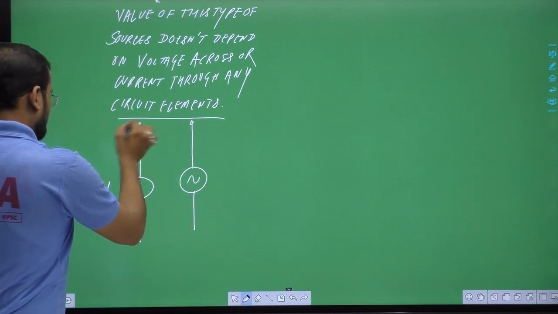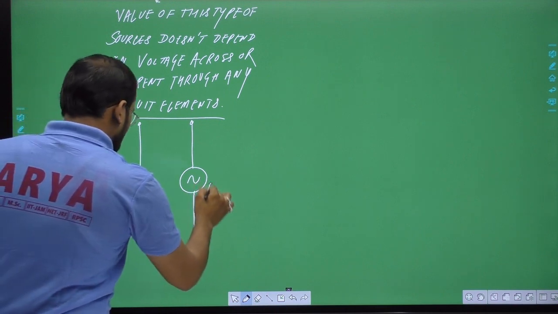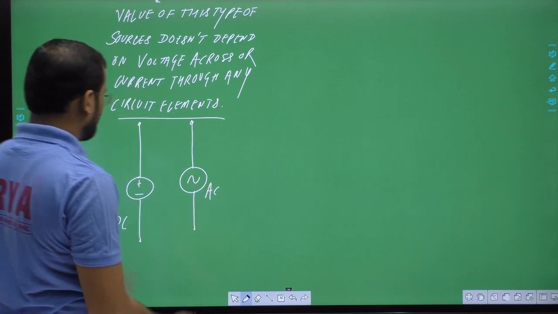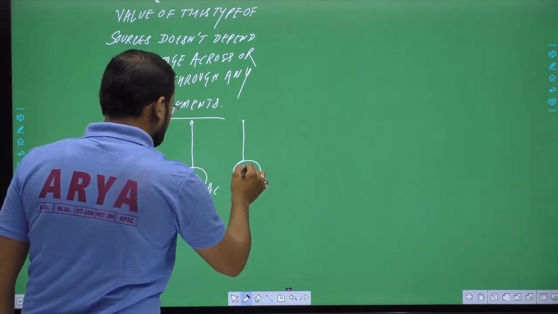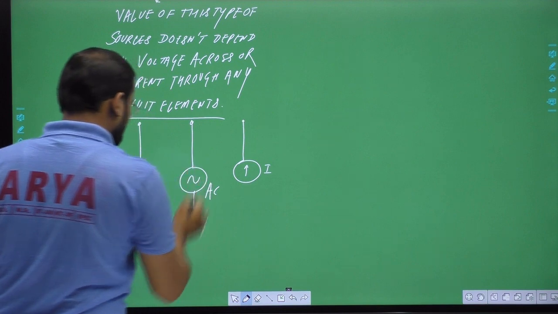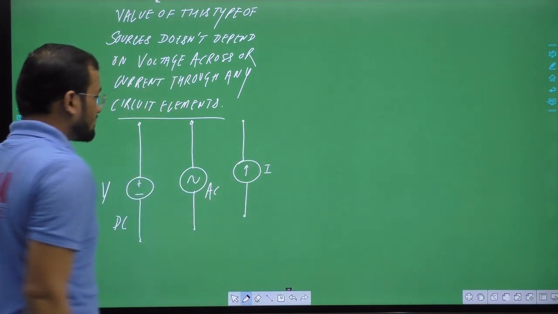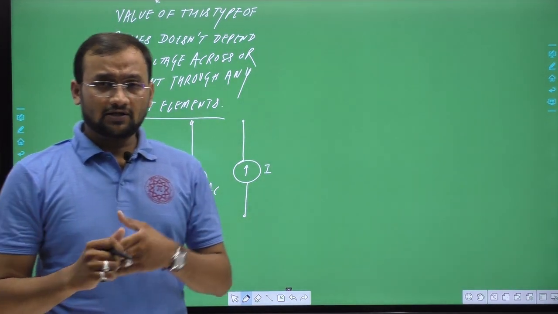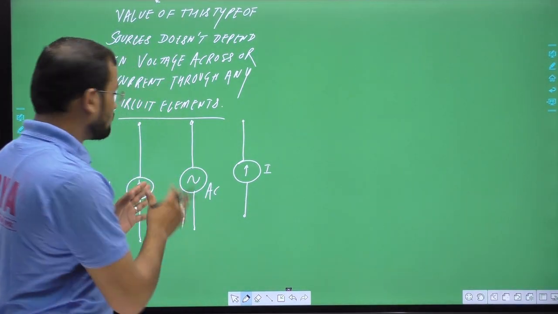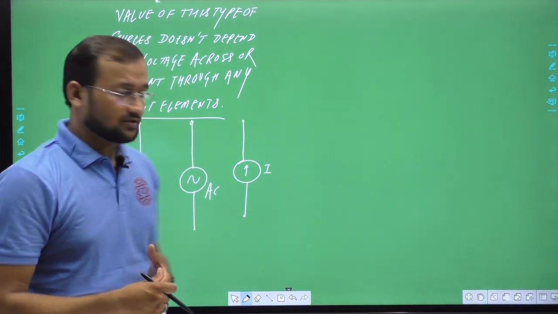The DC voltage source and AC voltage source, okay, and similarly we can also draw the current sources which have a fixed value, and this value will not change with current through or voltage across any other element in the circuit. Okay, this value will remain fixed. This value can't be affected by the other values in the circuit.